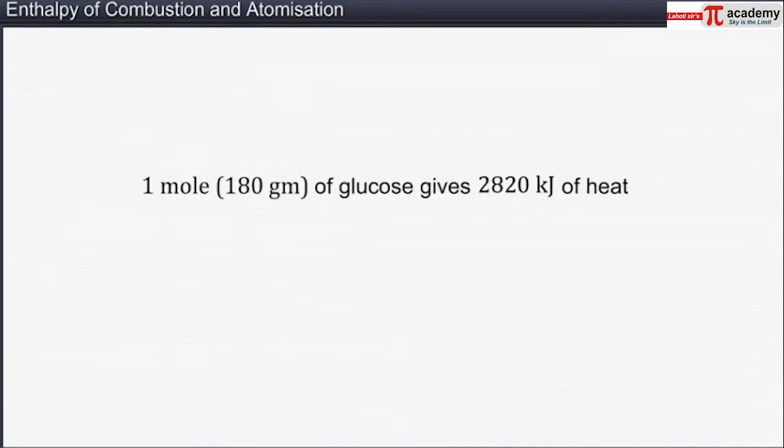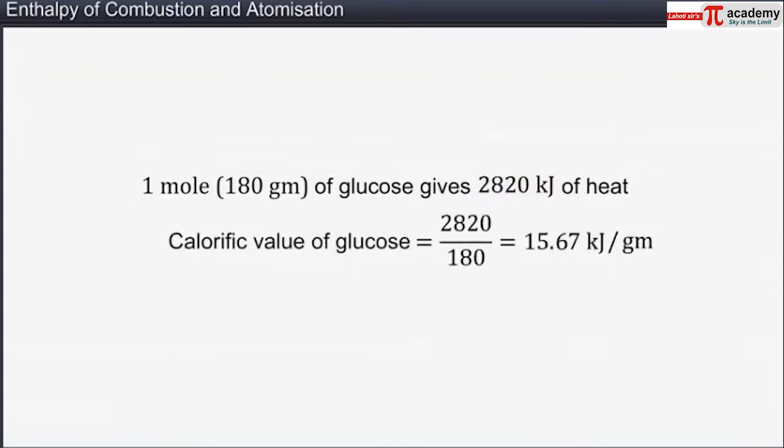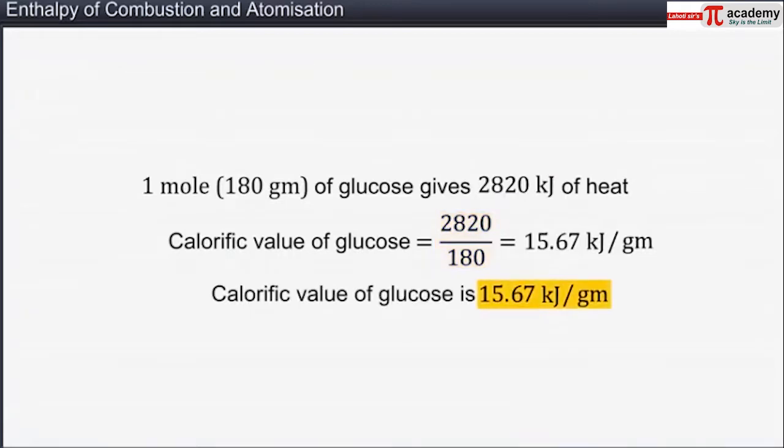When 1 mole of glucose burns, it releases 2,820 kilojoules of heat. Hence, the calorific value of glucose is 2,820 divided by 180, which is equal to 15.67 kilojoules per gram.